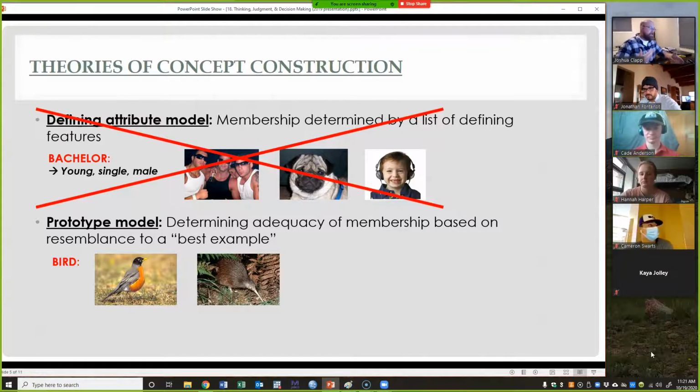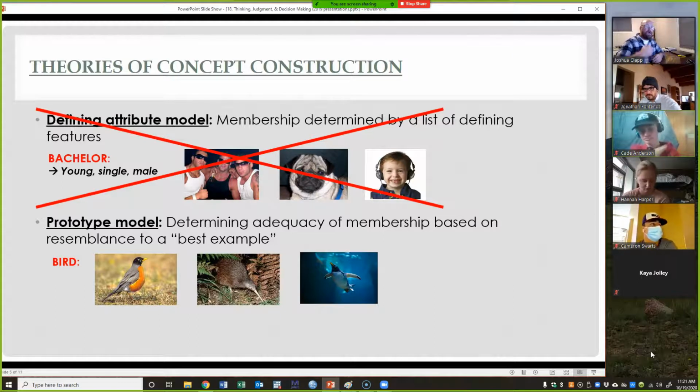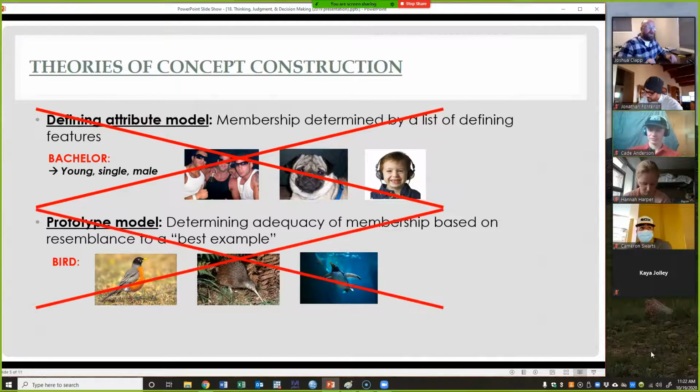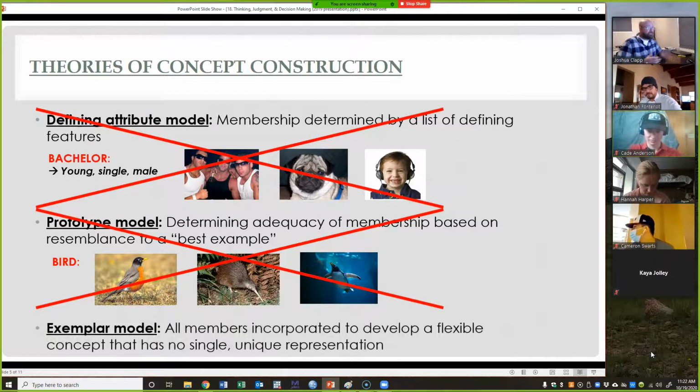And so this starts to become problematic for the prototype model, right? So we got another, so this is a flying ocean fish or bird, right? But we still identify this as a bird. So the prototype model is probably not how we actually determine things, okay?